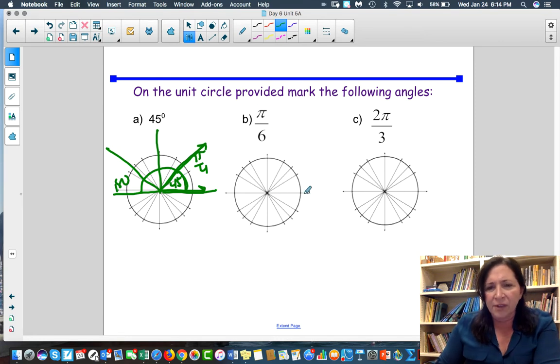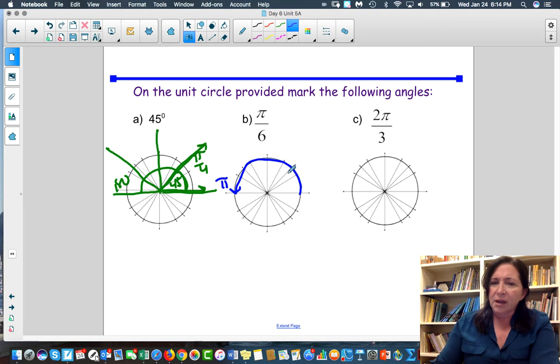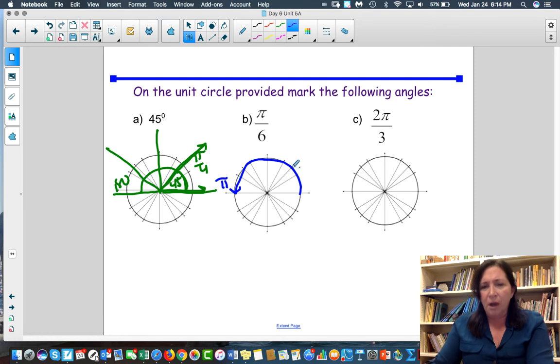Now pi over 6. Again, if I'm looking at pi being 1 whole, and that goes from here to here, that's pi, okay? All the way around is 2 pi, but this is halfway around, which is 1 pi. Now pi over 6, there are 2 ways to think of it. You're dividing this top part into 6 equal parts.